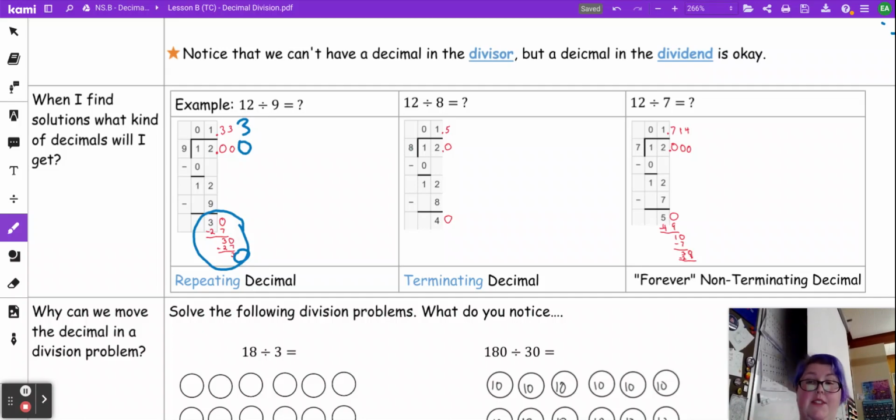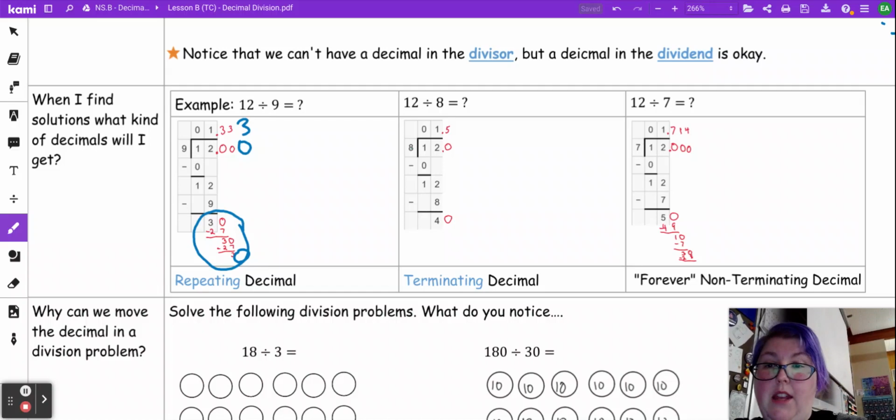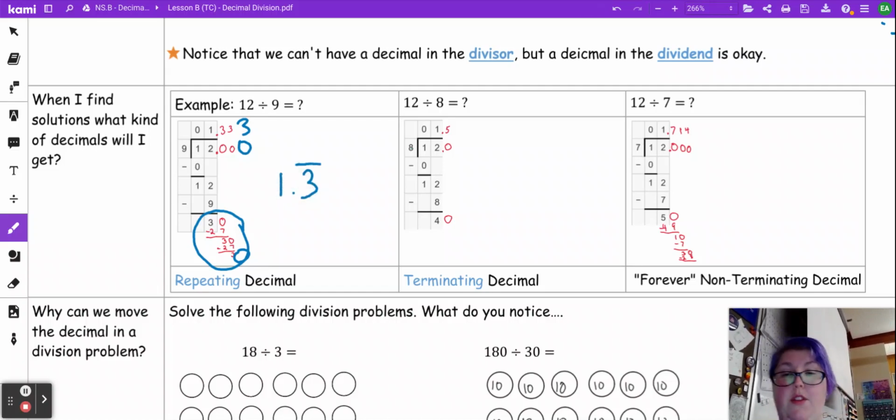You would still get the same answer. That 3 will continue on. So when we write the answer, we can write this as 1 with a bar over the top to show that the 3 continues on, that it's 3, 3, 3, 3, 3, 3, 3. That bar means it goes on forever. So that's our repeating decimal.